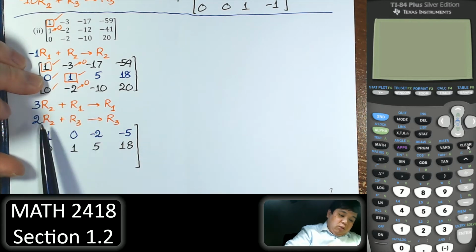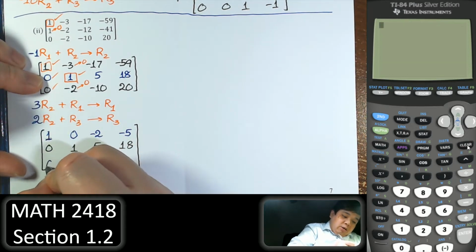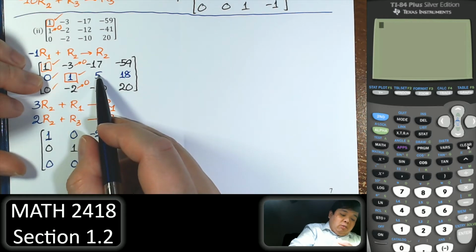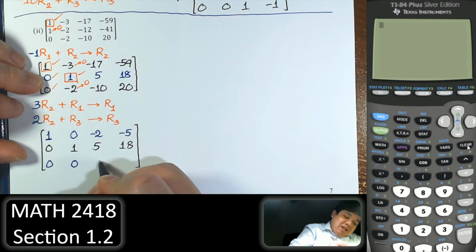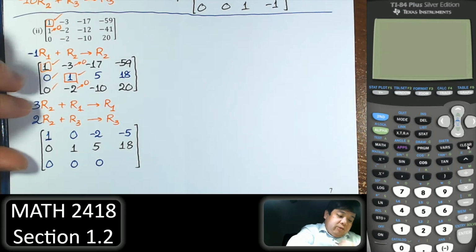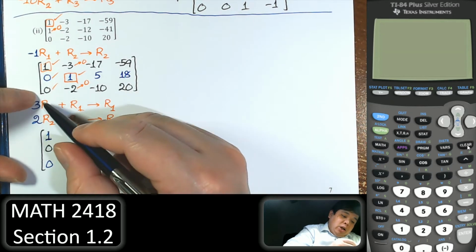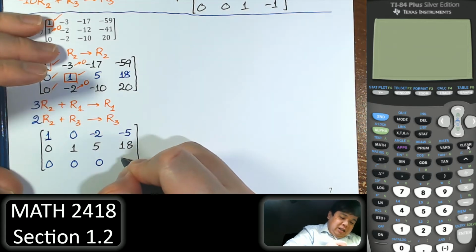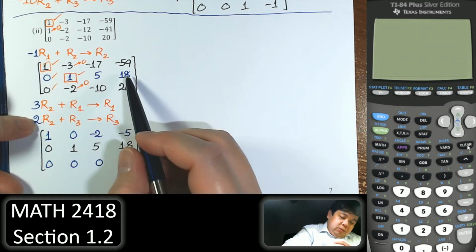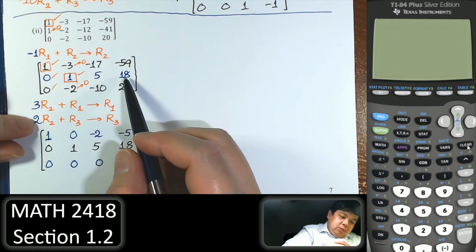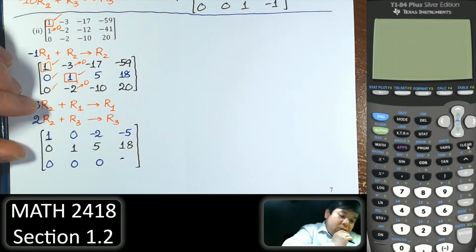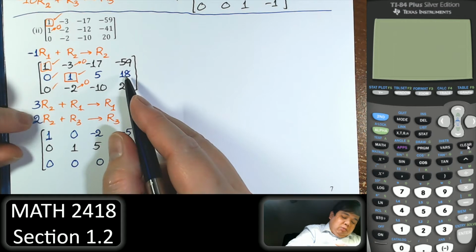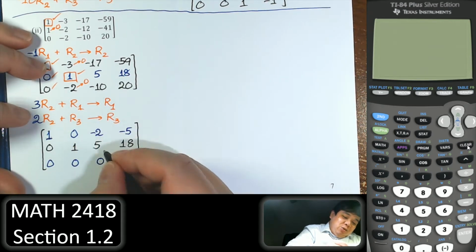Now, multiply row 2 by 2 for row 3. 2 times 0, 0 plus 0. 2 times 1 is 2, minus 2, 0. 2 times 5 is 10, minus 10, 0. 2 times 18 is 36, plus 20, that's 56.